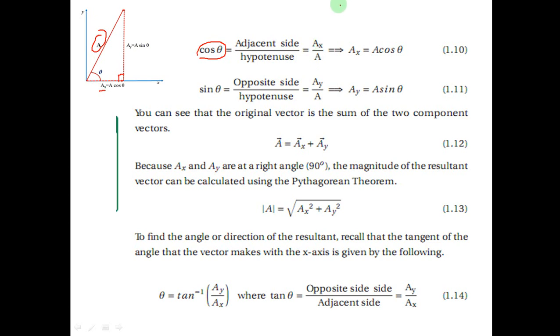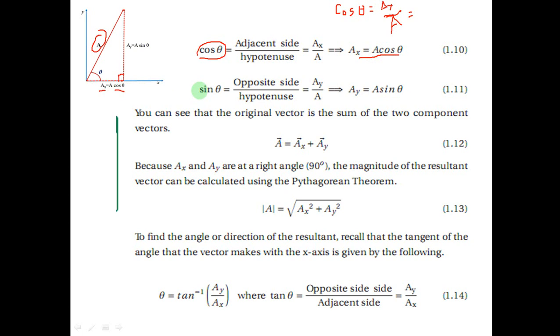So here, as you see, cos theta is equal to ax over a. From the crisscross principle, when you crisscross it, ax will be a cos theta. Ax is a cos theta.